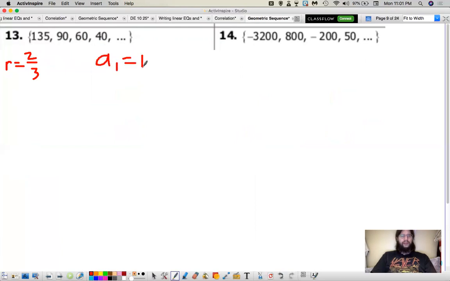A1 is 135. And our explicit formula will be AN is equal to 135 times 2/3 raised to the n minus 1 power. Plug in 6.